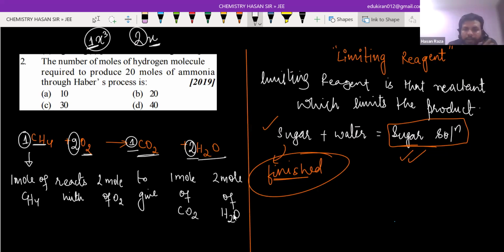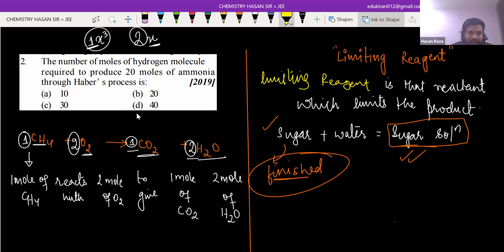Yes, sir. Now, the most important point is that the limiting reagent is always a reactant because it limits the product. It decides the number of moles and the quantity of product, and it resides on the reactant side.